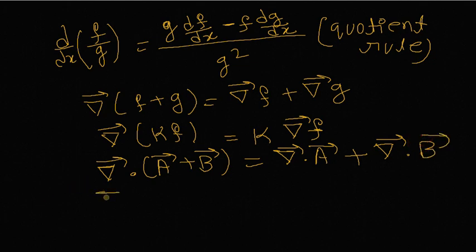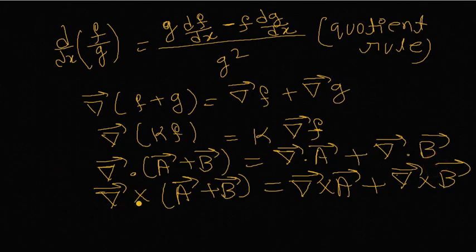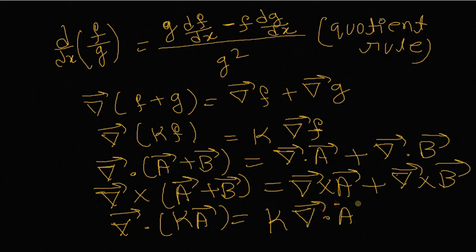If we take the cross product of this, then also this will be del cross A vector plus del cross B vector. If we take del dot kA vector, that will be k multiplied by del dot A vector.